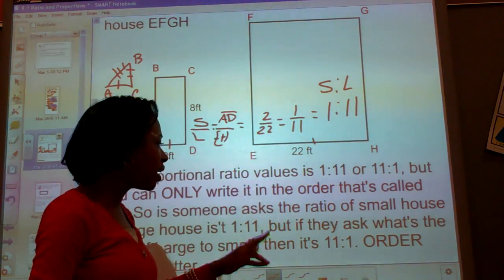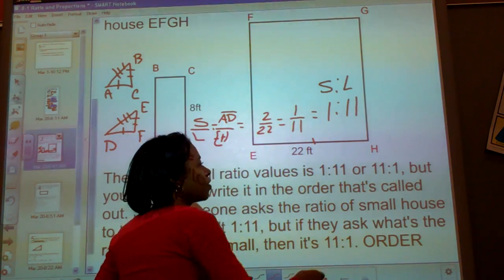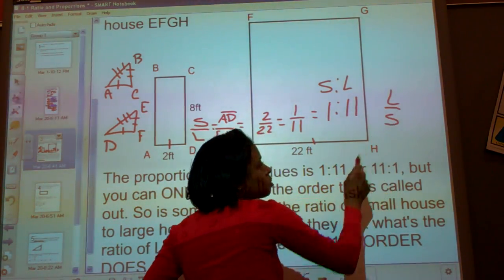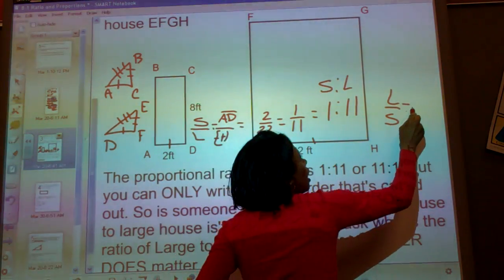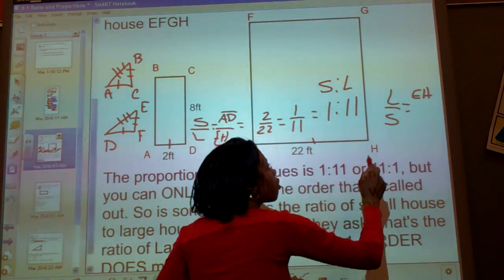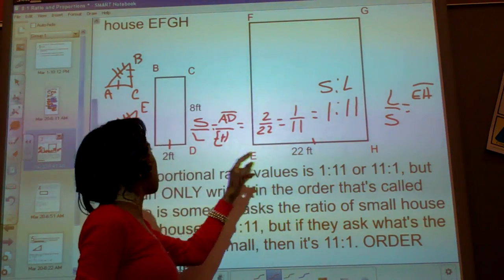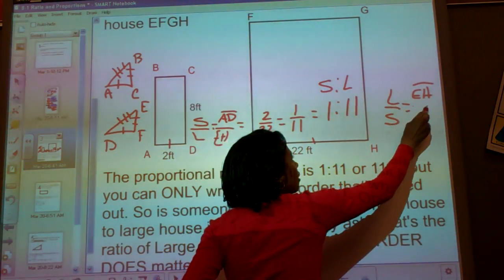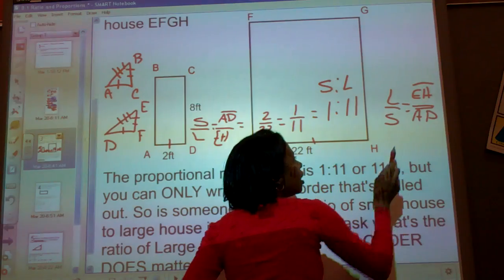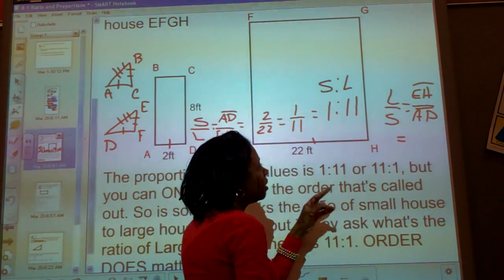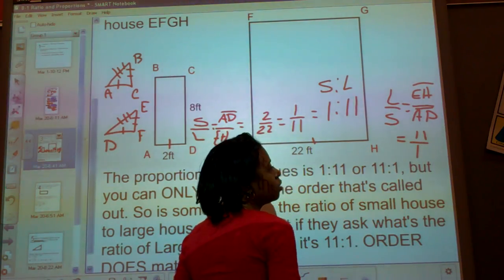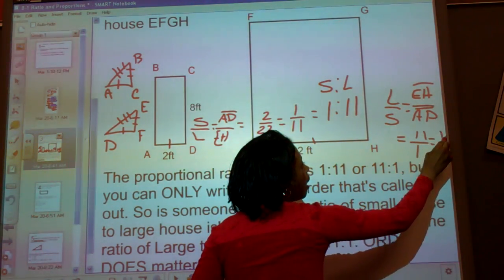I could revise that and also write this as large over the small. If I did large over the small, I would say segment EH corresponds to segment AD. And if I were doing that, that would be 11 over 1, which is 11.